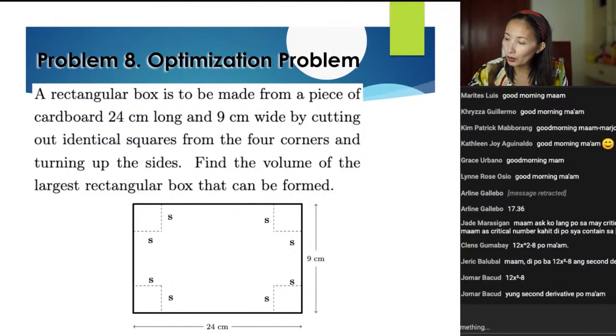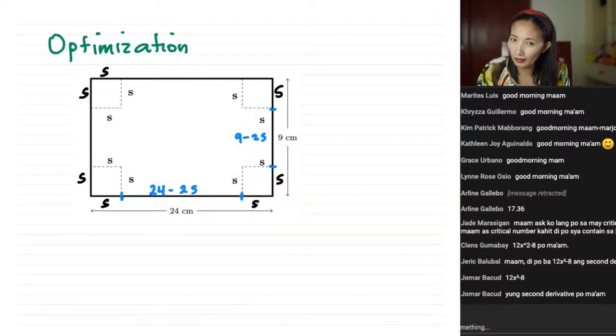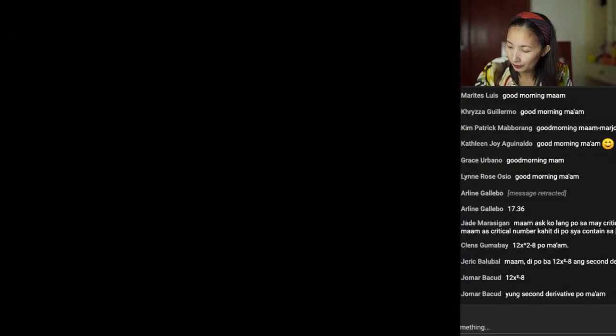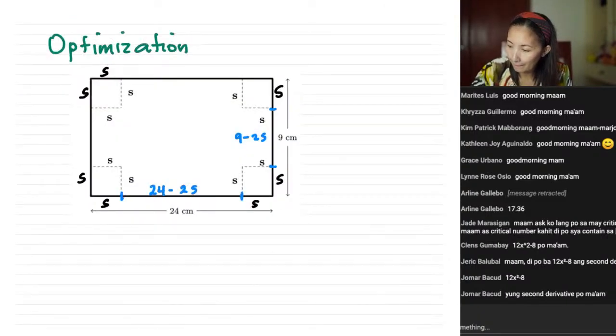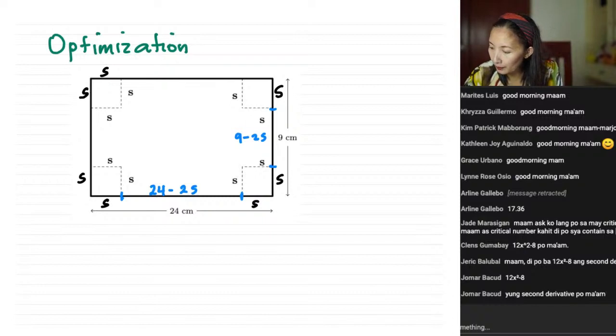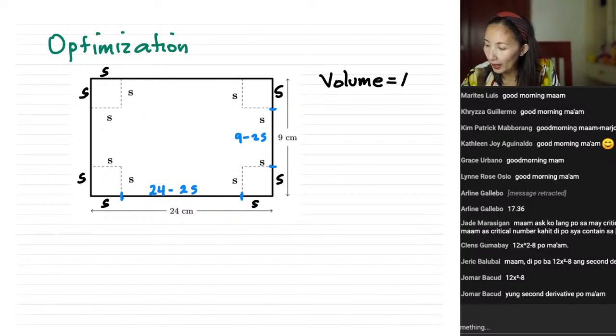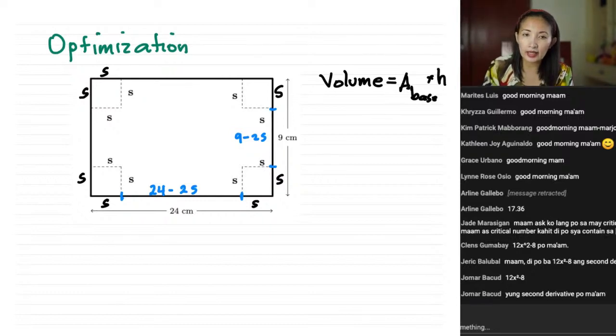So, we know that the volume of a rectangular box is simply equal to the area of the base times height. Yes, area of the base times height.